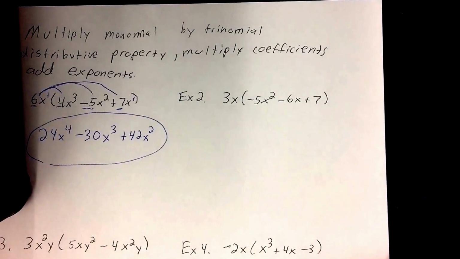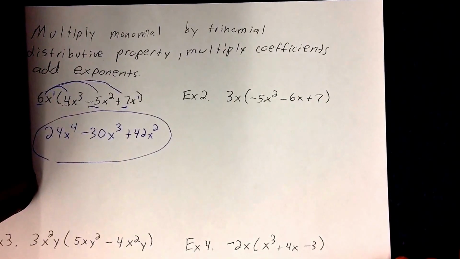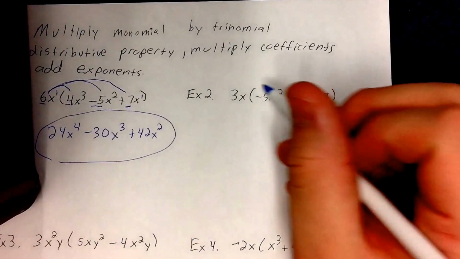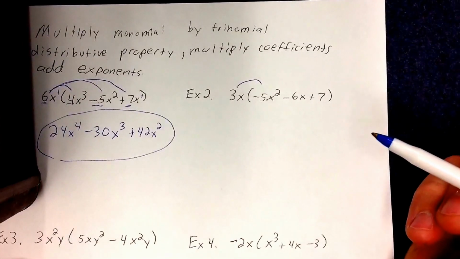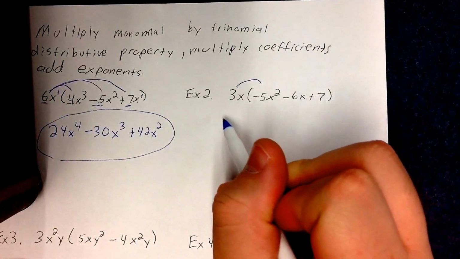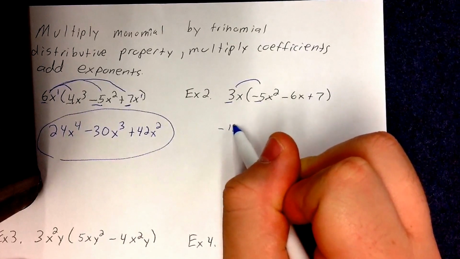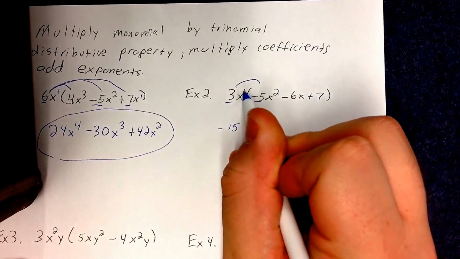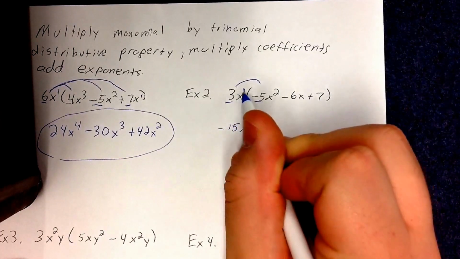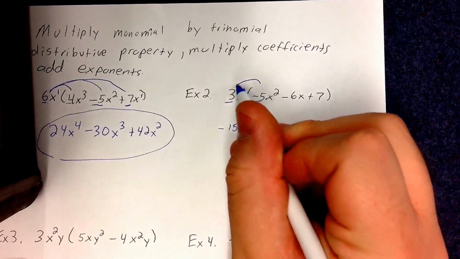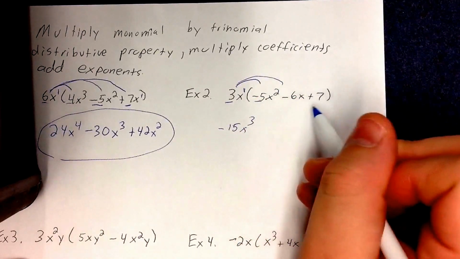Okay, example 2, 3x times negative 5x squared minus 6x plus 7. So 3x times negative 5x squared. Well, 3 times negative 5 is negative 15. This again is x to the first, so x, 1 plus 2 is 3. 3x times negative 6x.